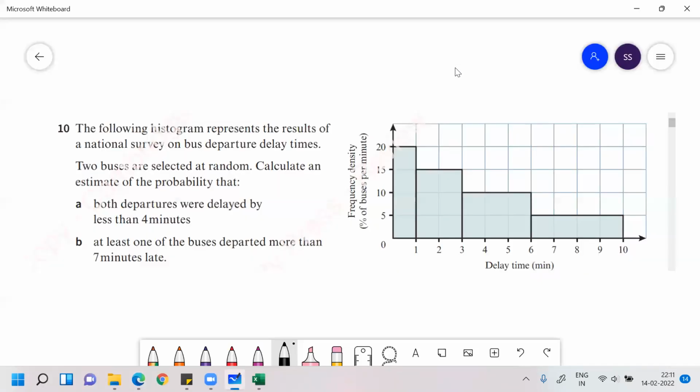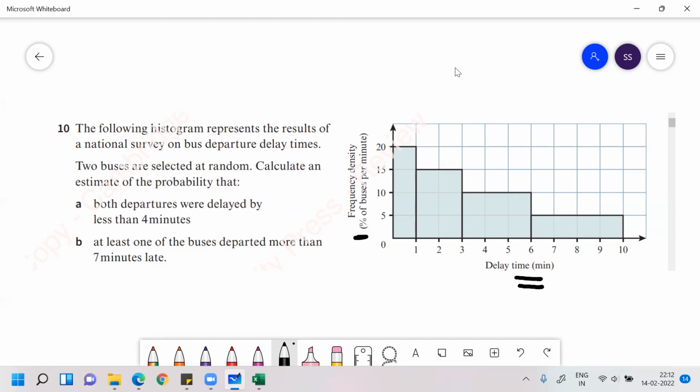So if you observe this histogram, the x-axis is the delay time in minutes for different buses, and the y-axis is the frequency density. What is this frequency density? It is the percentage of buses per minute. If you see the sum total of this histogram, it is 100%.